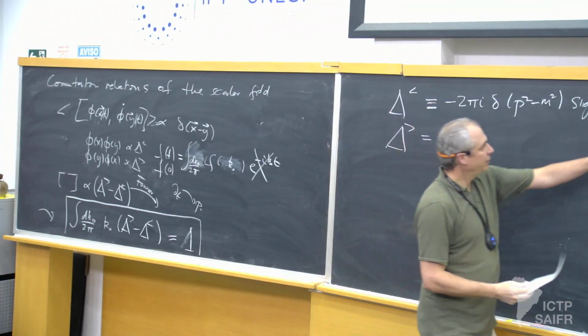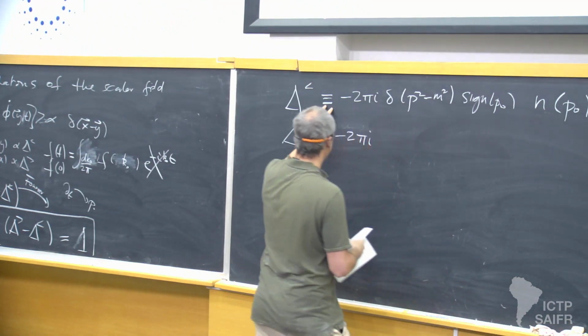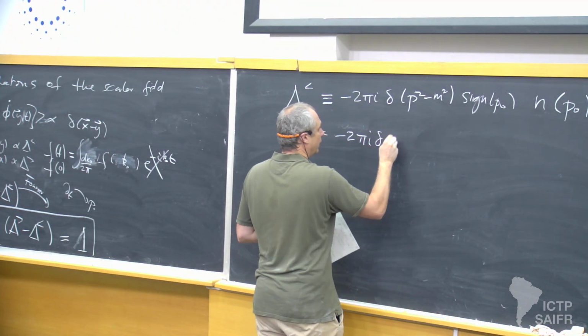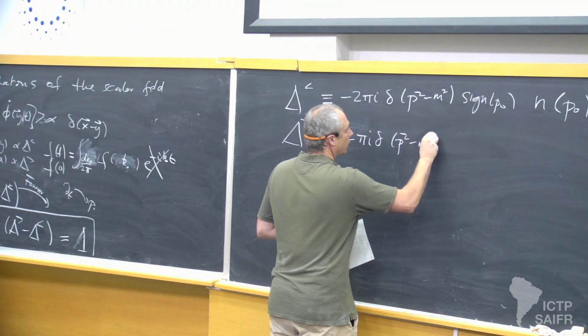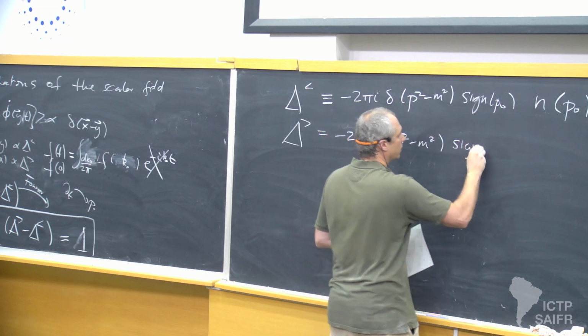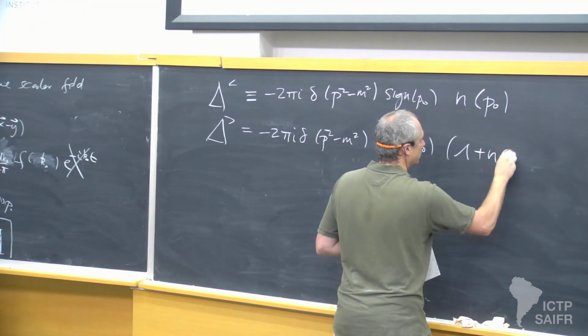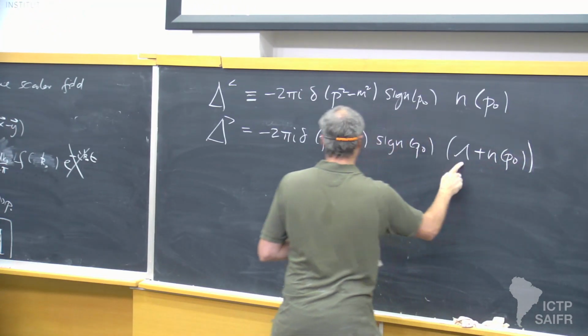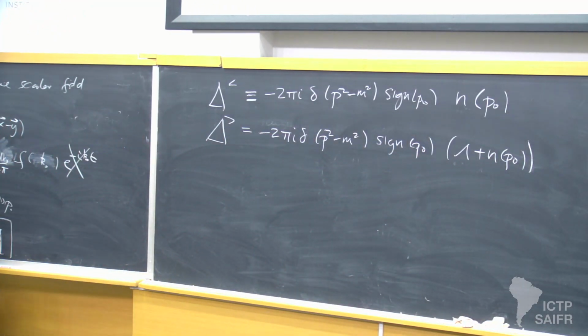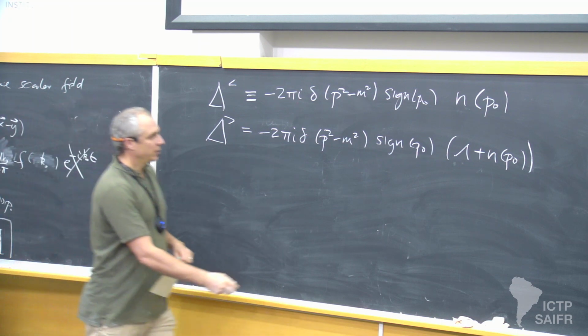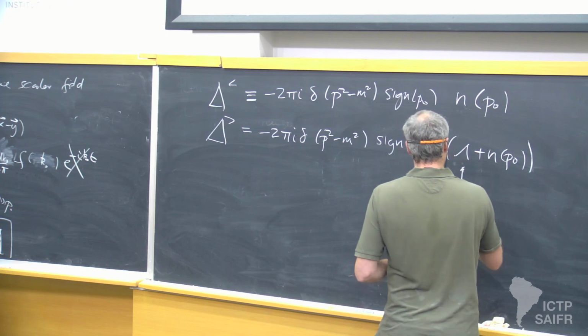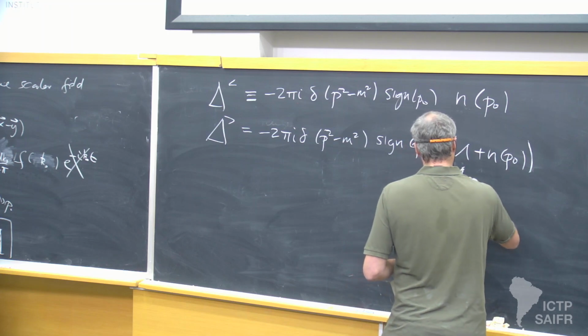We still have an arbitrary function here. This guy will be the same thing, but with a 1 plus n. And this 1 is exactly this one here. So the difference of these is something that, in the correct normalization, comes out of the commutation relations.